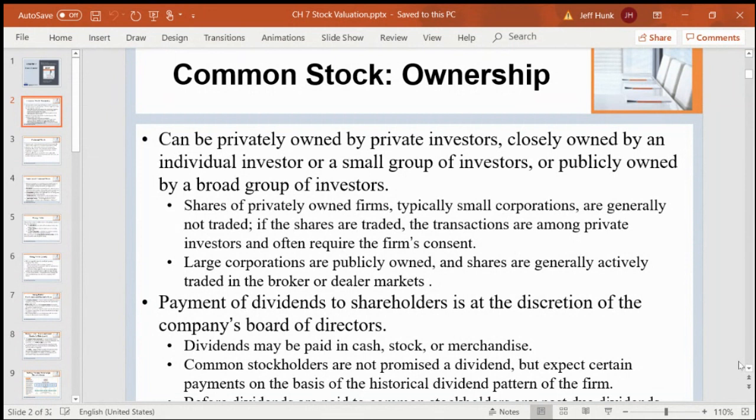But preferred stock is not ownership. Preferred stock is not true ownership, because with every ownership, there should be a voting right.